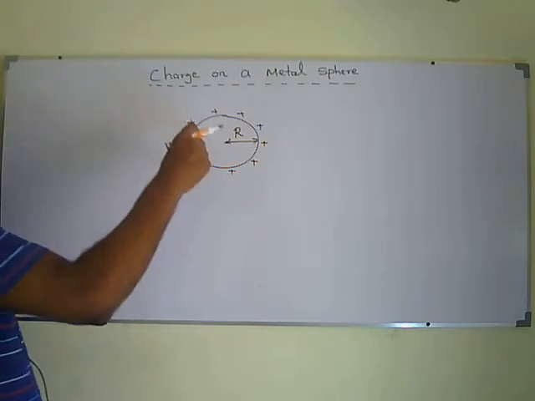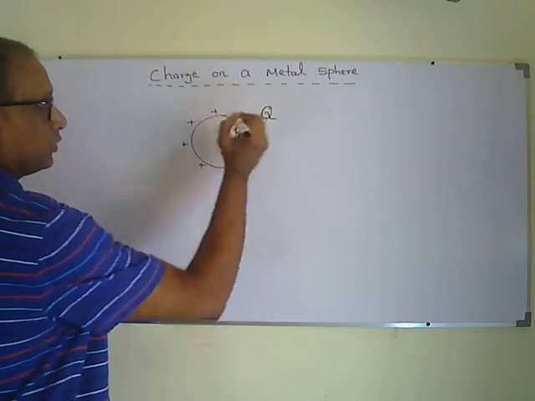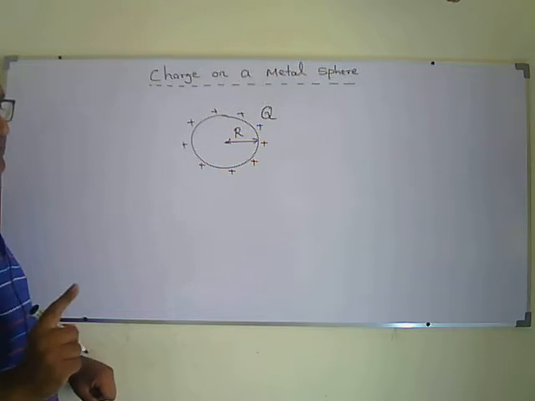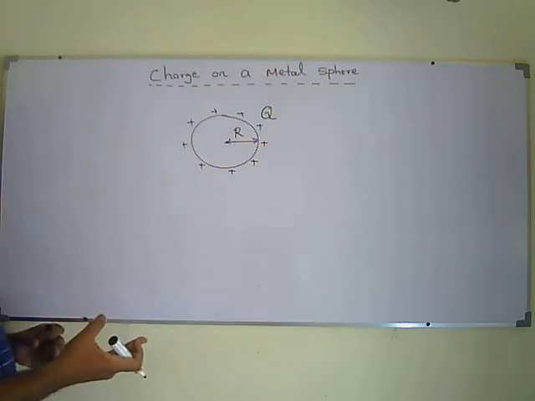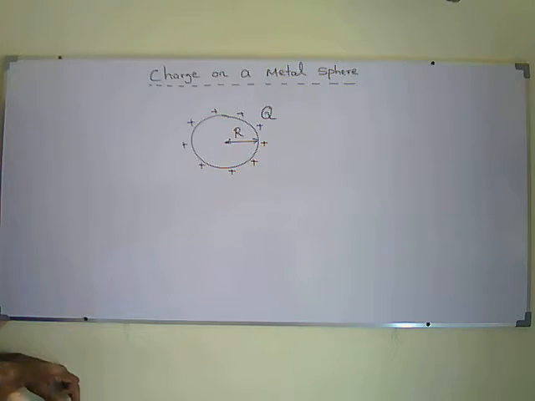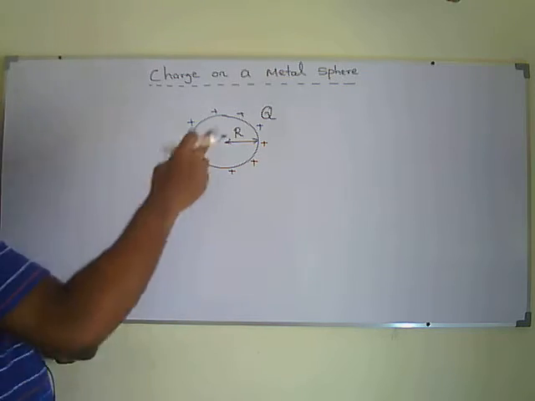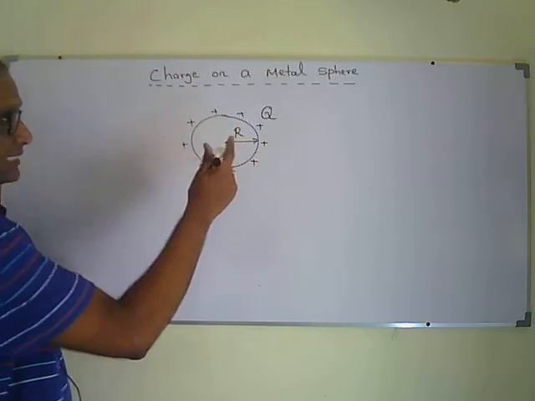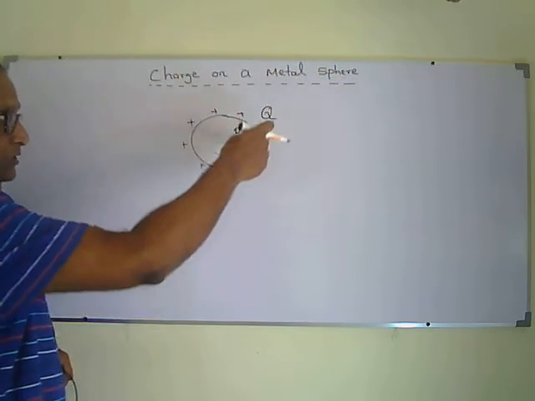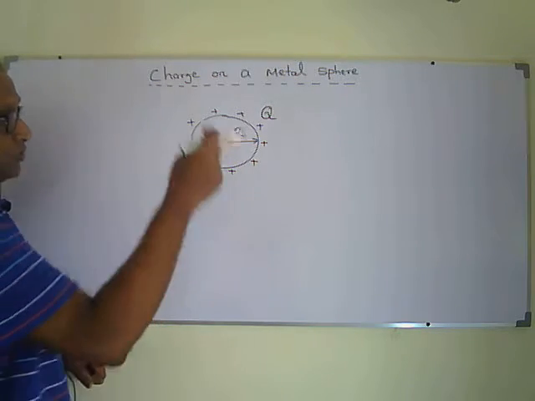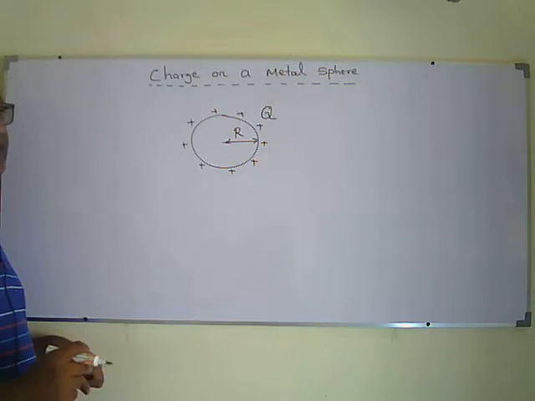If the total charge on the surface is Q, according to your syllabus, we say we can assume the whole charge is concentrated at the center. The real theory related to that is Gauss law. The word Gauss law is not used in Edexcel, Cambridge, as well as IB syllabuses, but in your syllabus they say we can assume the whole charge distribution on the surface is concentrated at the center of the sphere.